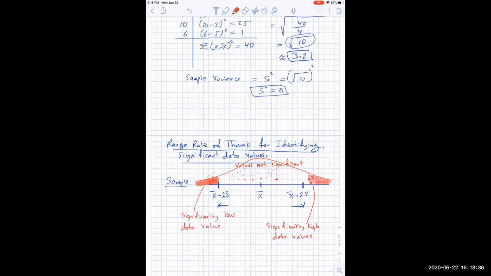And the percentage of significantly high values is almost the same as the percentage of significantly low values because of the symmetry in the bell curve.